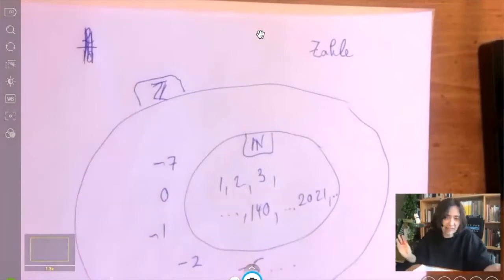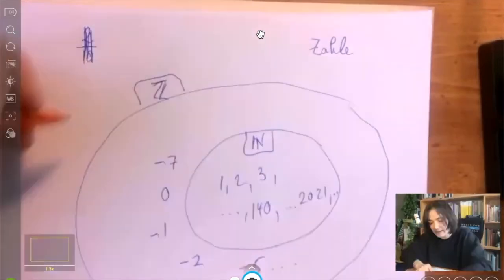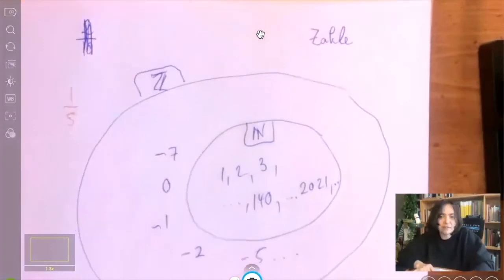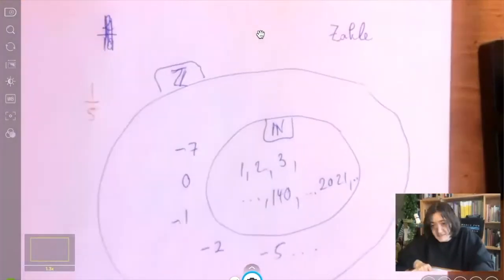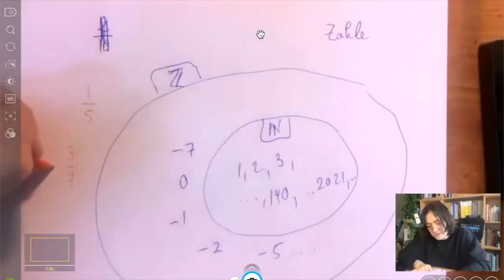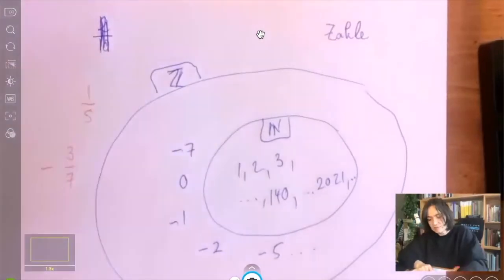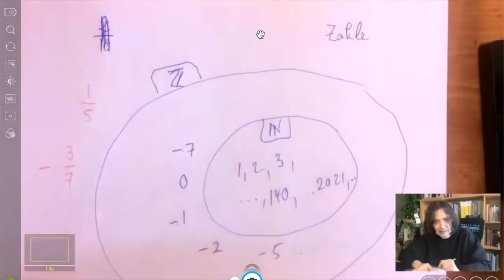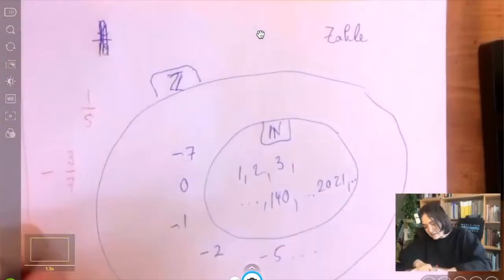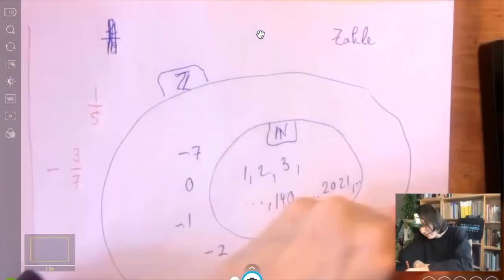If not, we come up with something like 1/5, the result of 1 divided by 5. 3/7. How about -3/7? So we throw in all these numbers that are a result of a division between two integers and not yet in the set. And that's a bigger set.